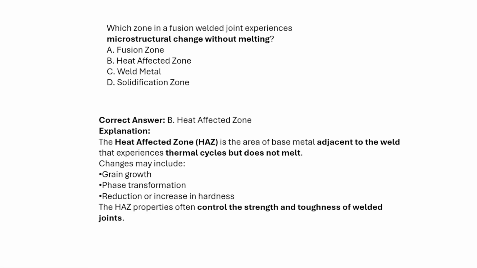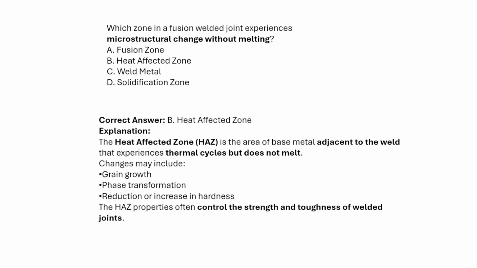Next: which zone in the fusion welding joint experiences microstructural change without melting? The fusion zone changes its microstructure, but it melts and solidifies. The heat affected zone does not melt, but in solid form itself it reaches above the recrystallization temperature, so it changes its microstructure.